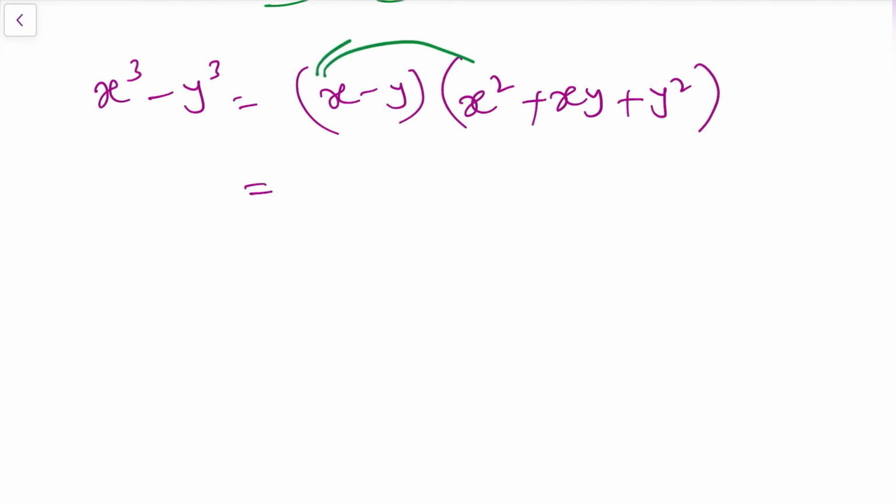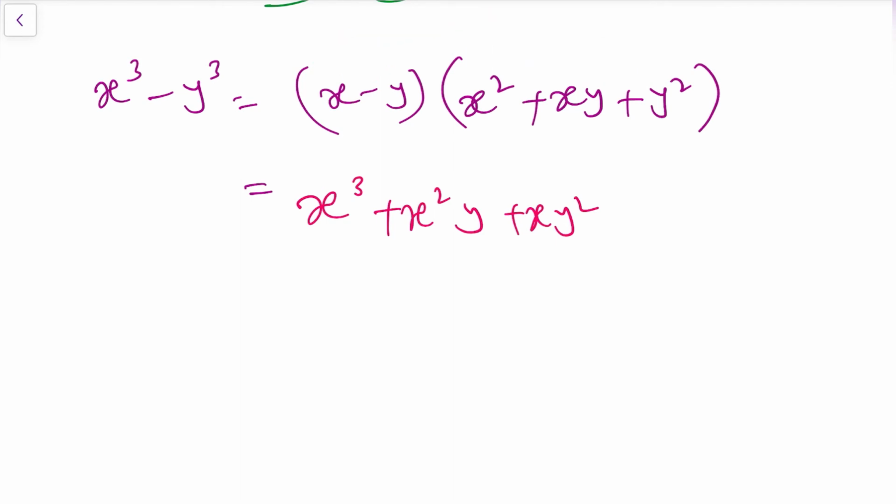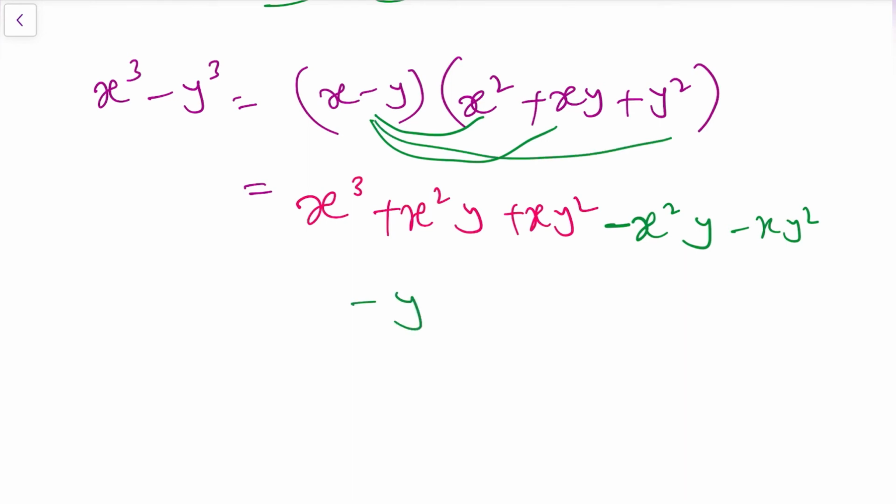First one into first one, first one into second one, first one into third one. x into x square, x power 3, x into xy, x square y, x into y square, xy square. Next, second term into first one, second one, third one. Minus y into x square, minus x square y, minus y into xy, minus xy square, minus y into y square, minus y power 3.